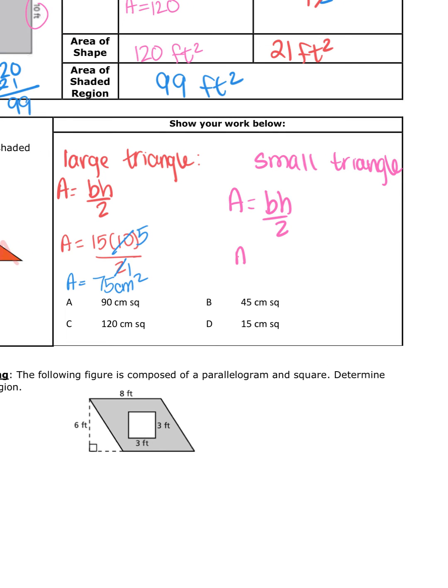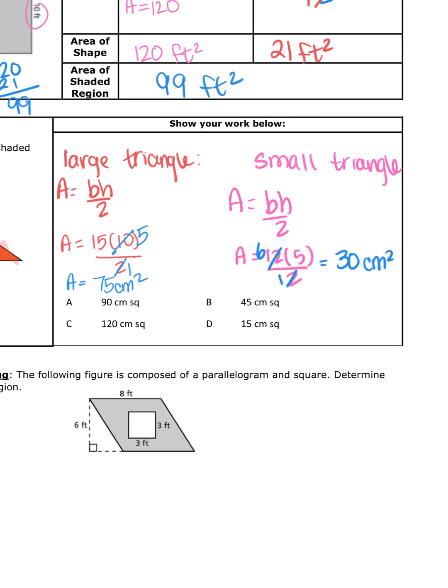So area equals 12 times 5 divided by 2. Again, I can go ahead and make it easier by simplifying now. 12 divided by 2 is 6. So 6 times 5 is 30 square centimeters.